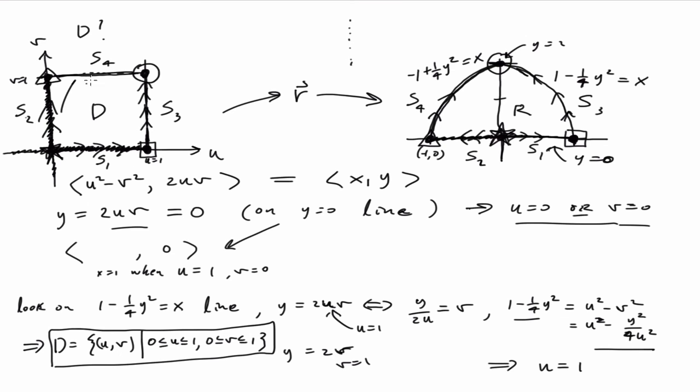So now we have this set D, and when I put it into my map, I can get my R out. And clearly this is a much easier set to integrate, because it's a square, and that's a much simpler set to set up an iterated integral for. All right, so now let's go and do it.